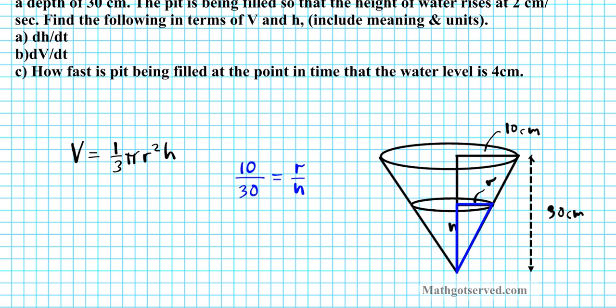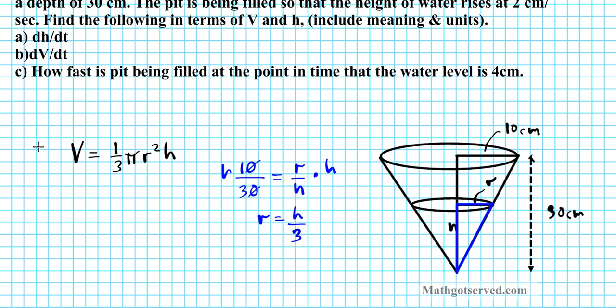Okay? Now, our goal is to express R in terms of H. So all we're going to do with this ratio is isolate R and substitute its value for R here. Okay, so to accomplish that, we can divide both sides by 10 and then multiply both sides by H. So what we'll have is R is equal to H over 3.